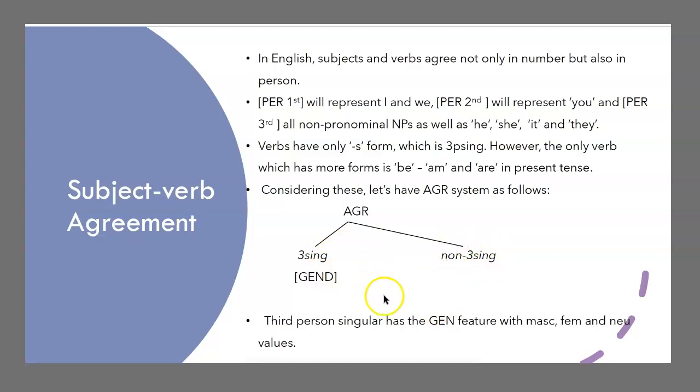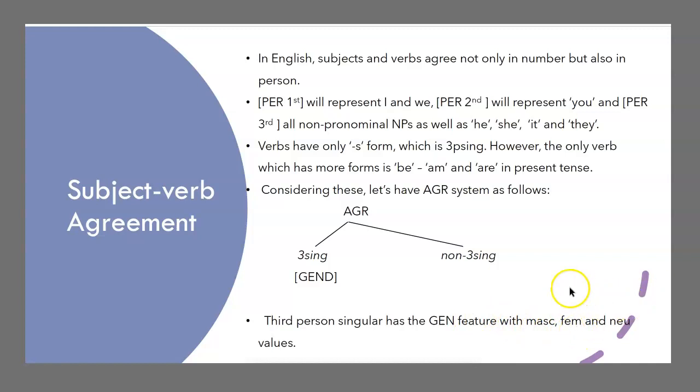Only third person singular can have the gender feature, which can be either masculine, feminine, or neuter. Remember, when I'm saying third singular, I'm not talking only about verbs. I'm also talking about pronouns. Okay? So the AGR feature can be third singular or non-third singular. How do you distinguish third singular from non-third singular? We distinguish it by a feature gender, which has 3 values.